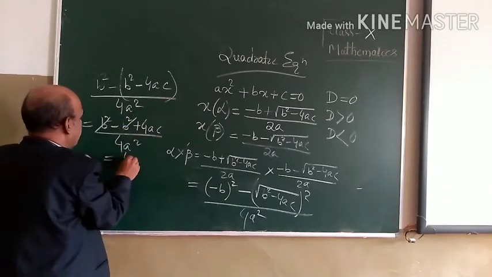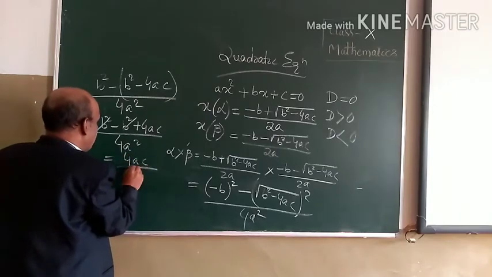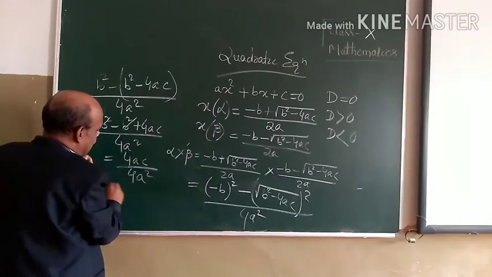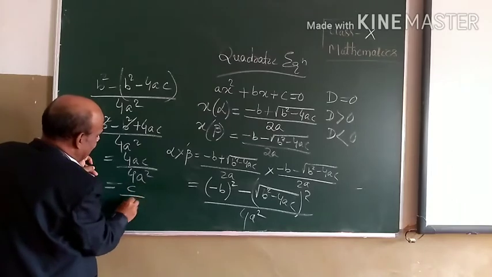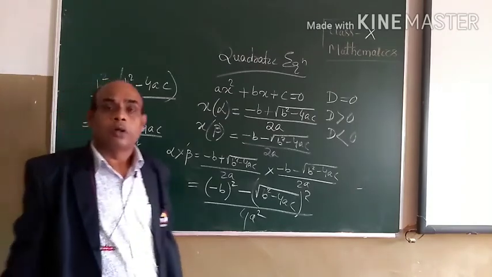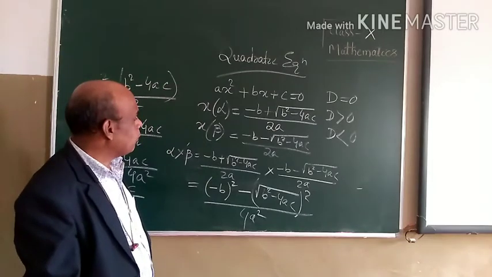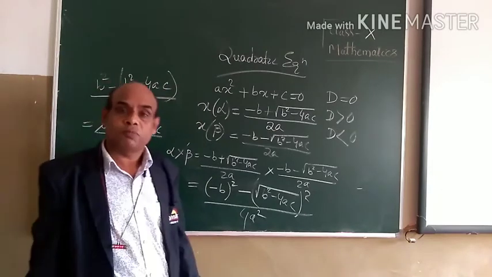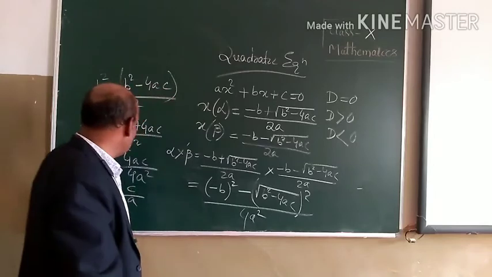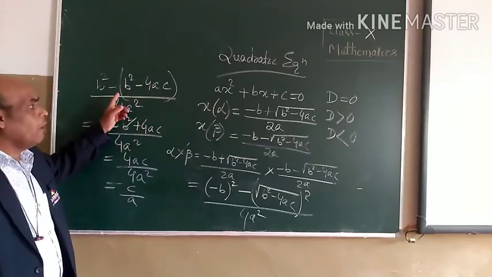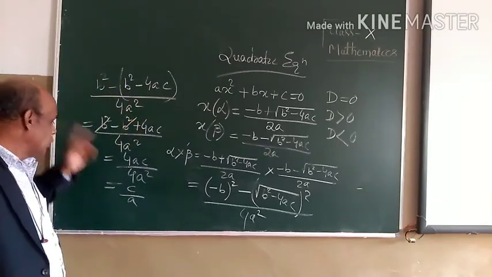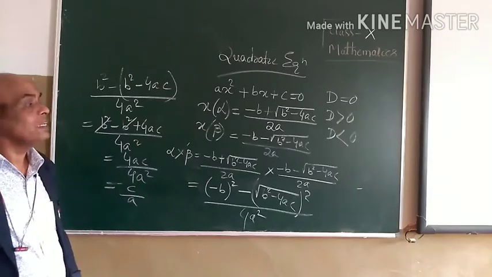So we got 4ac by 4a square, that is c by a. So the sum of the roots alpha plus beta is minus b by a, and the product of the roots or zeros is c by a.